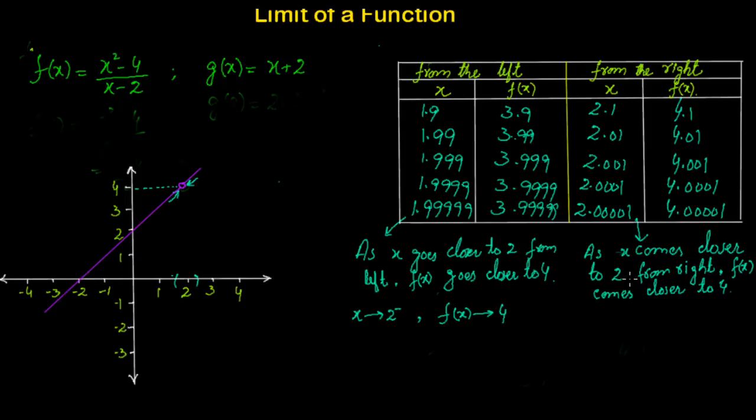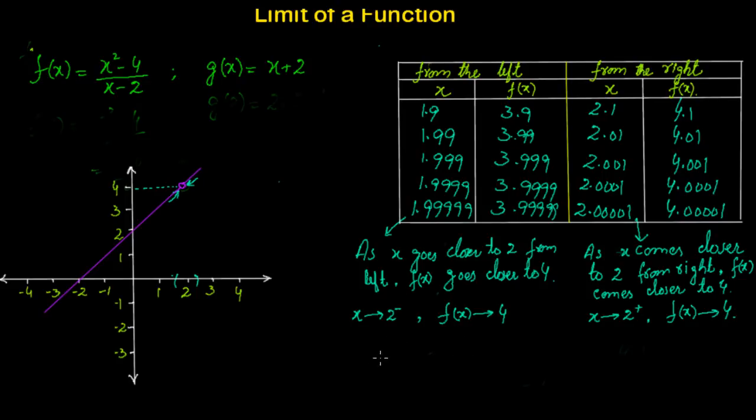Similarly, as x comes closer to 2 from right, x arrow to 2 positive, and f(x) goes to 4. Note that when it is from the left it is negative, when it is from the right it is positive, and these are read as x approaches 2 negative, f(x) approaches 4, x approaches 2 positive, f(x) approaches 4.